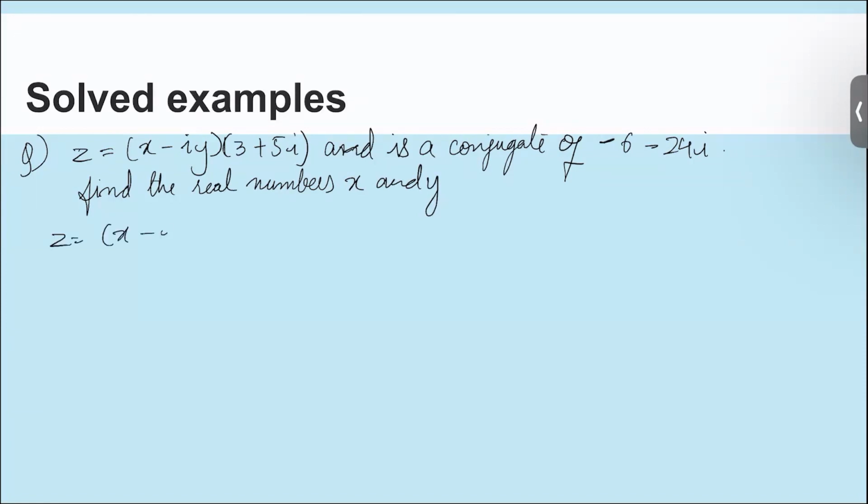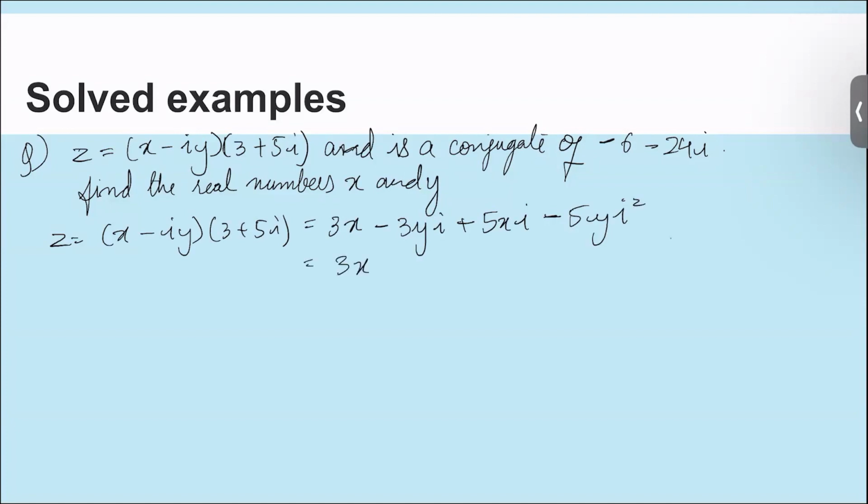So z is equal to (x minus iy)(3 plus 5i). So this is 3x, and then you have 3yi, you have plus 5xi, and you have minus 5yi squared. So 3x, and since i squared is equal to minus 1, this becomes plus 5y.